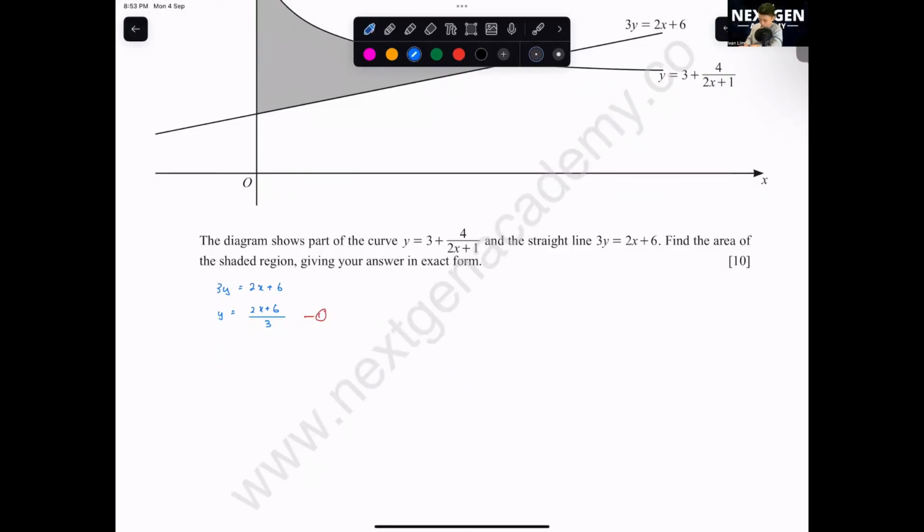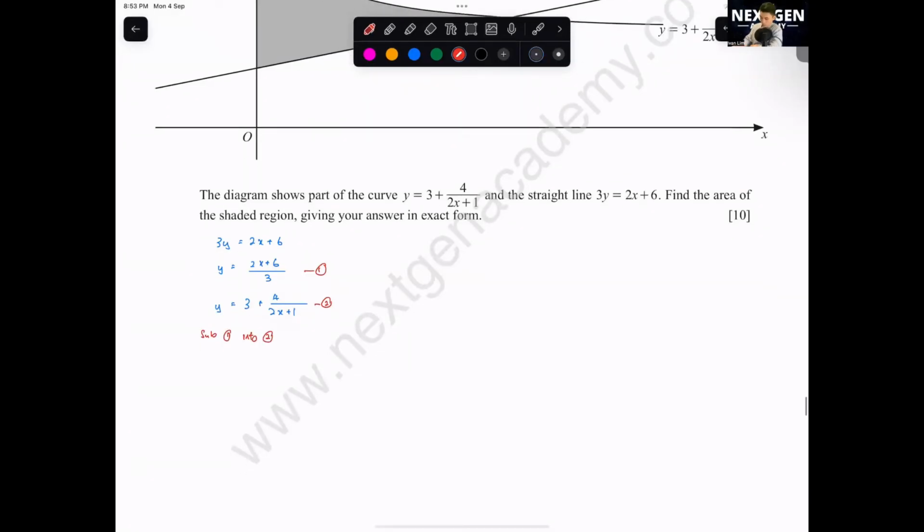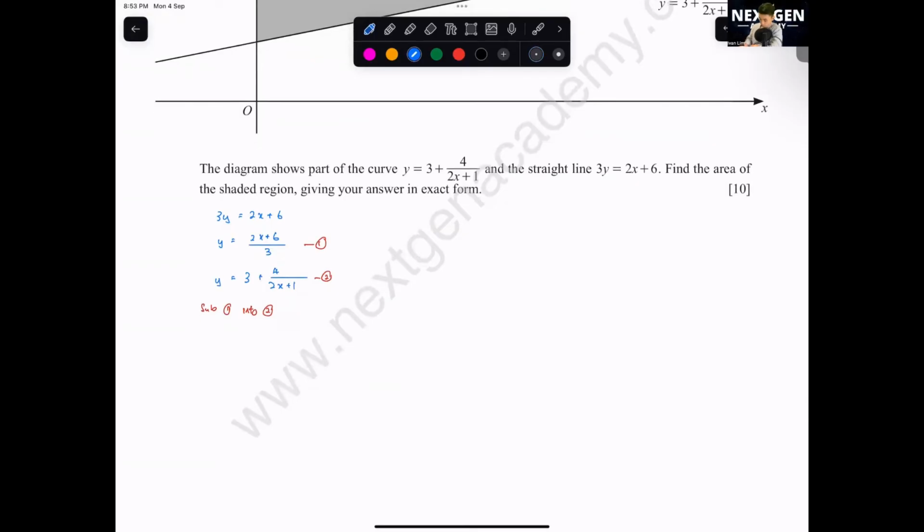Equation 2 is the curve, y equals 3 plus 4 over 2x plus 1. Then we sub 1 into 2, or 2 into 1, and solve: 2x plus 6 over 3 equals 3 plus 4 over 2x plus 1.